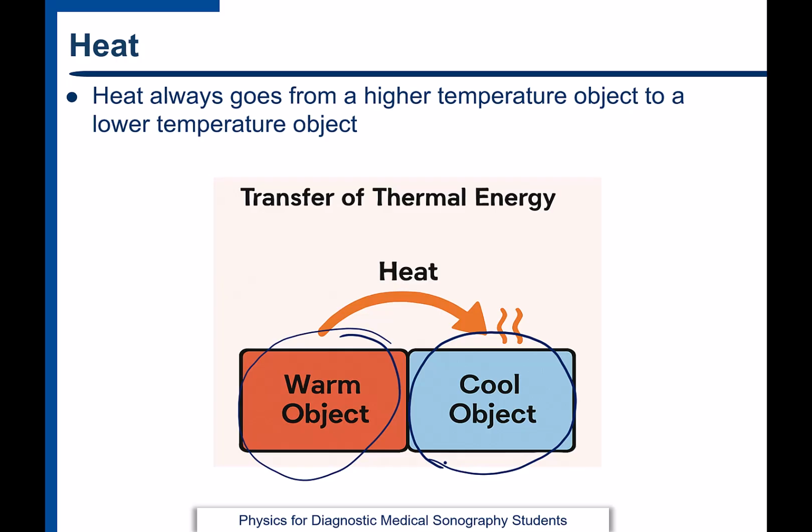So heat always goes from higher temperature to lower temperature. Now, we can make it go the other way, but that requires putting in energy. So in other words, if you think about how a refrigerator works or an AC unit works, there we can do it, but it requires us to expend energy to make that happen. It doesn't happen naturally.